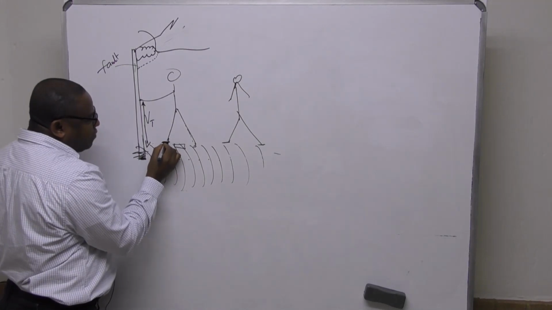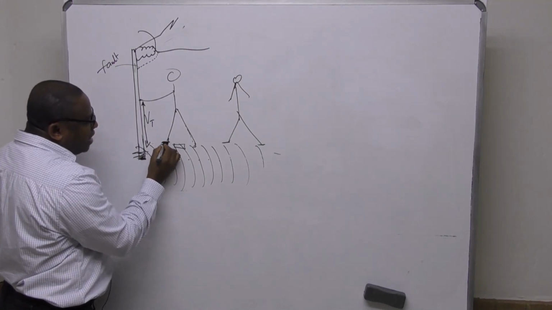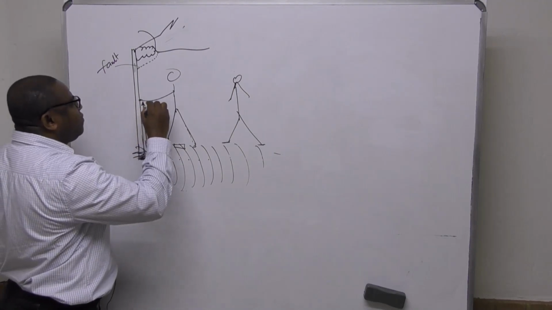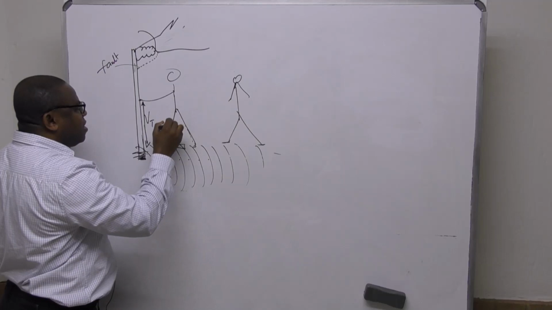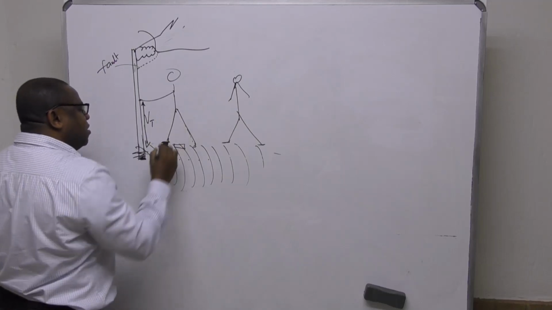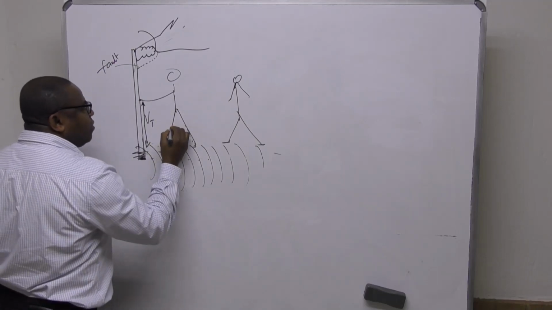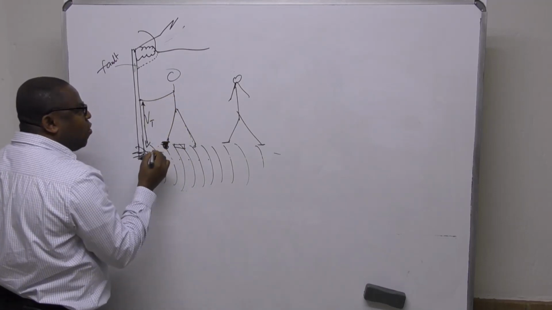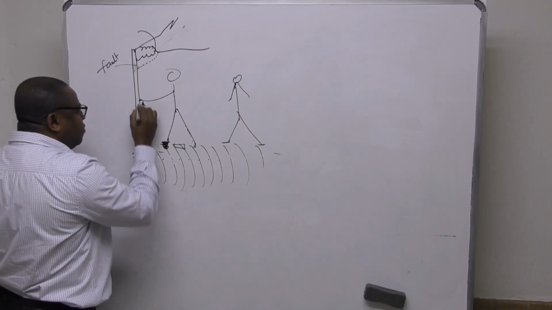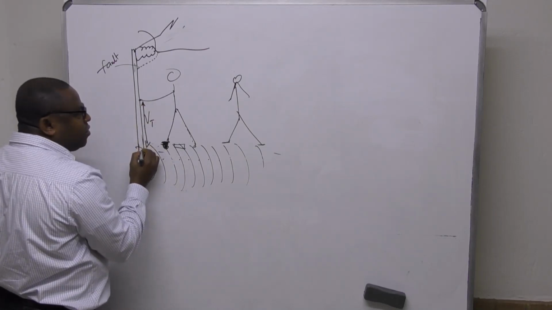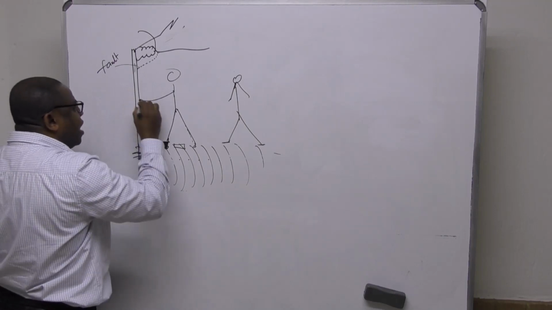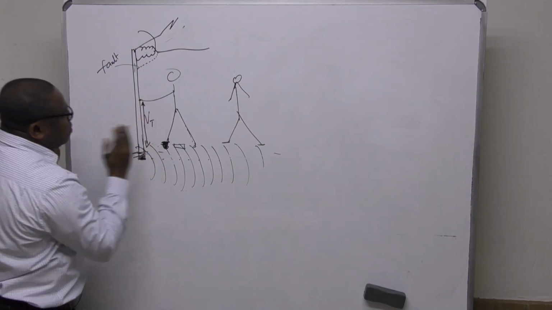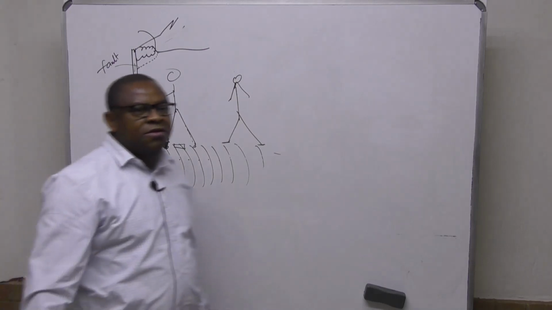It's like I have added resistance, so if I calculate the resistance of this hand and that, it might be 5 kilo ohms, maybe 5.3 kilo ohms. But from here to here, the resistance is very small, so the current will rather flow through here than going through this guy. Okay? So this is what we call touch voltage.